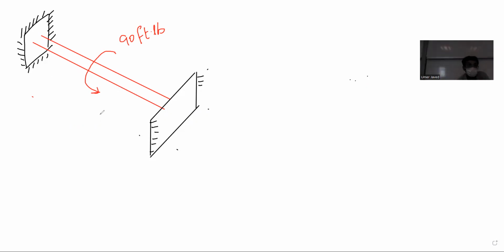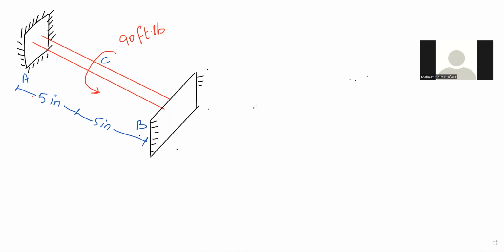Okay, this one is A, this one is our B, this one is C. Okay, the question says that if this dimension is 5 inches and this dimension is 5 inches, you have to find, what do you have to find?